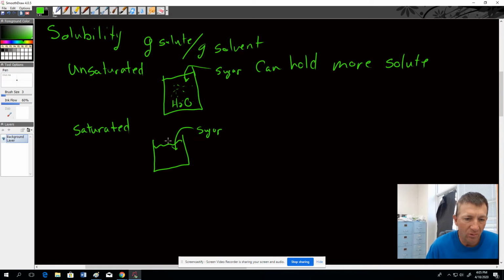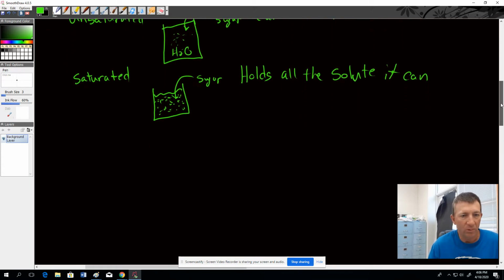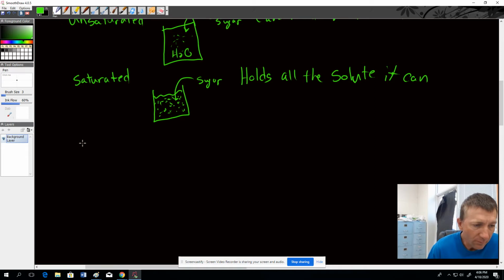Well, I eventually get to a point where the water holds all the sugar that it can and I can't put any more in it. If I put any more in it, it's not going to dissolve, and that's what we would call saturated. So in other words, it holds all the solute it can. Okay, and we can't put any more into it. All right, so that's what's called saturated.